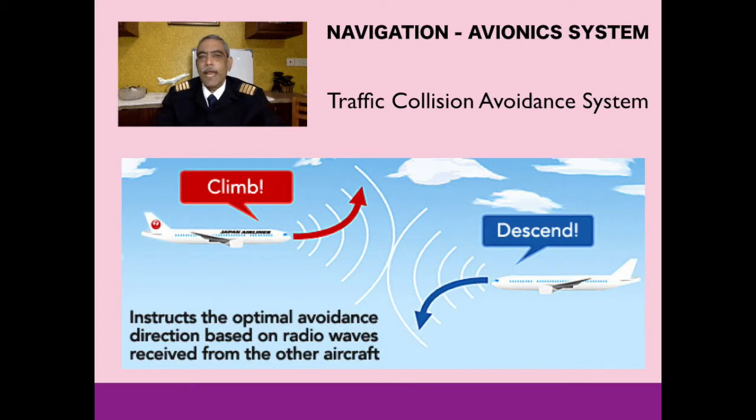able to do, and there is a voice instruction that will be given to the pilot in case of any collision threat. That means in case any two planes are approaching closer to each other, there will be an instruction to climb or descend, or increase the rate of climb or increase the rate of descent, so as to avoid any collision.